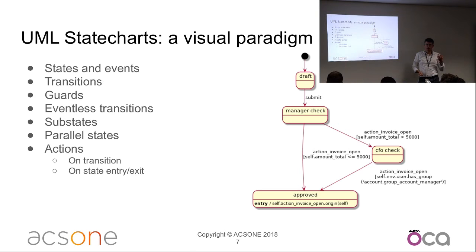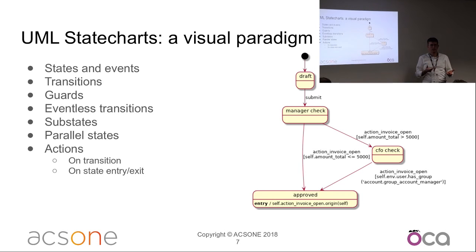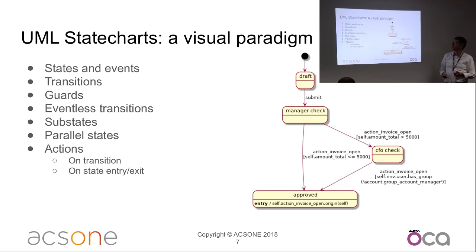And then there is a concept of guards. Guards are conditions to express when a transition can be triggered. So here there is no guard, so anyone can click submit in the draft state, whatever their role, whatever the condition.